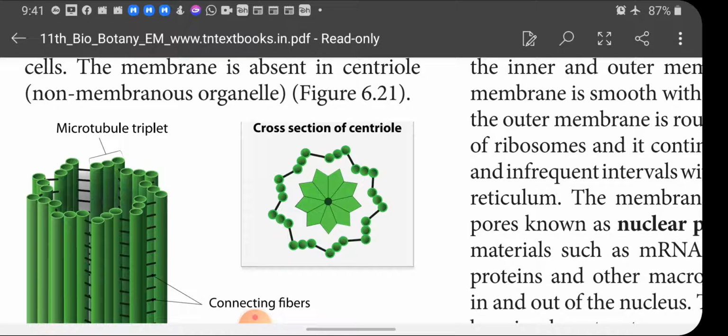These are called microtubules. So when we see the cross section of the centriole, we could see nine triplet units of fibrils on the periphery, meaning the outer region. In the center we cannot see any fibers. The floral-like structure is called the core region. So the centriole consists of nine outer peripheral structures and also a central core region, connected to the periphery by radial spokes.